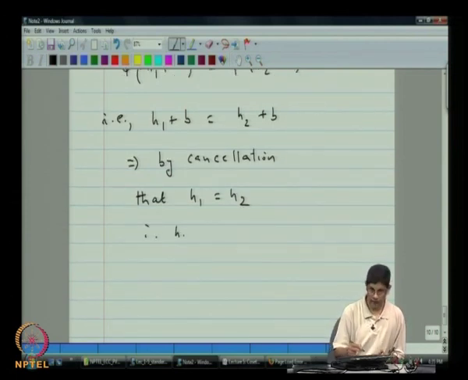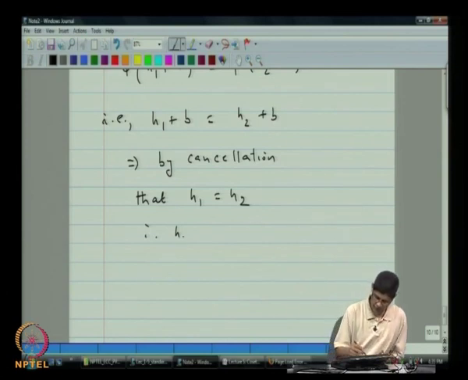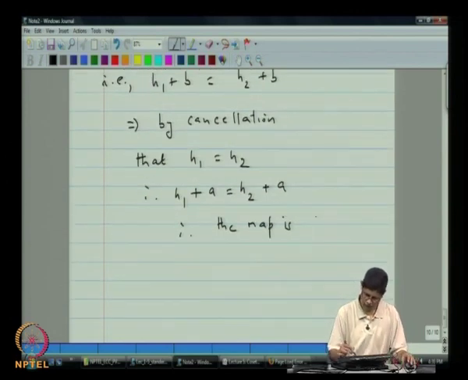Therefore, H1 plus A is equal to H2 plus A. Therefore, the map is 1-to-1.